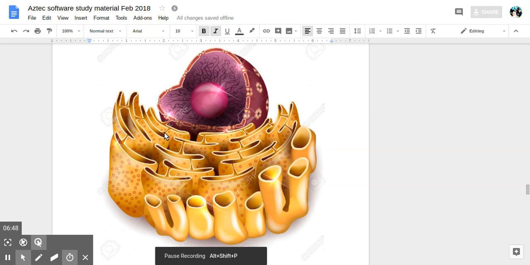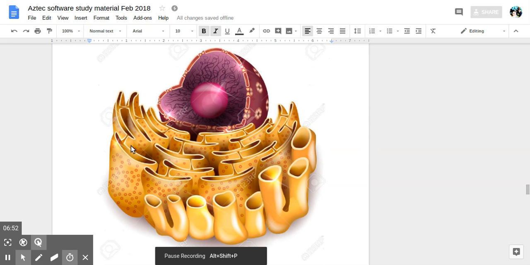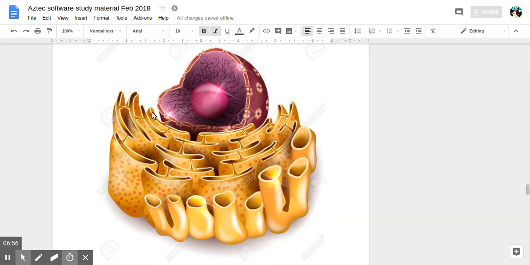This is showing the endoplasmic reticulum and the folds or cisternae, which is connected to the outer membrane of the nucleus, the double layer, the bilayer of the nucleus on the outside. And the nucleolus is inside the nucleus.